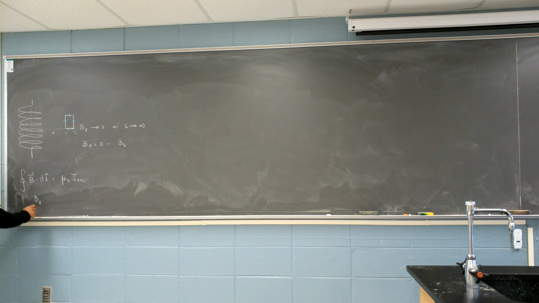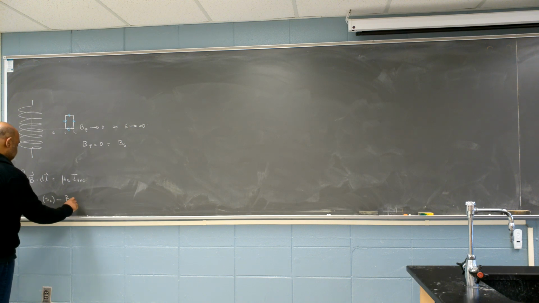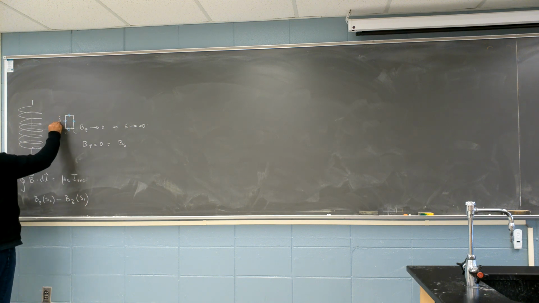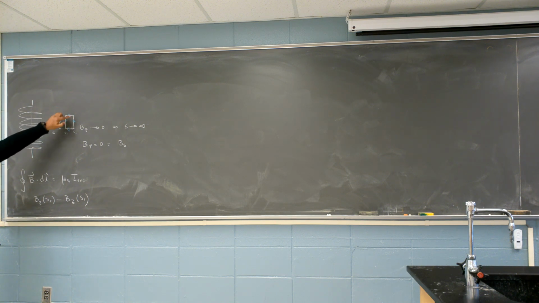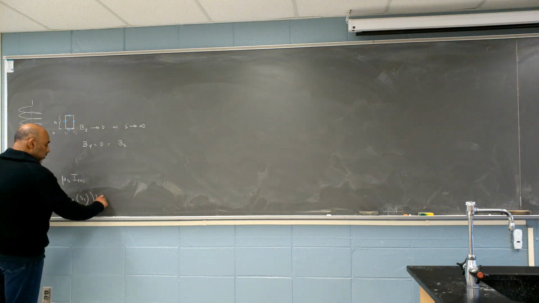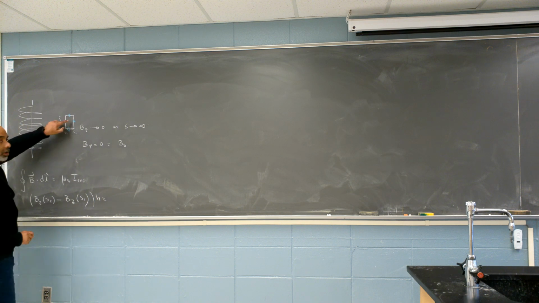B_z evaluated at s2 minus B_z evaluated at s1, and let's say I'm going to integrate it through some height. This cannot depend on position because it's infinite. So B_z is constant here, B_z is constant there, so times h. But that's equal to 0. There's no current over here.